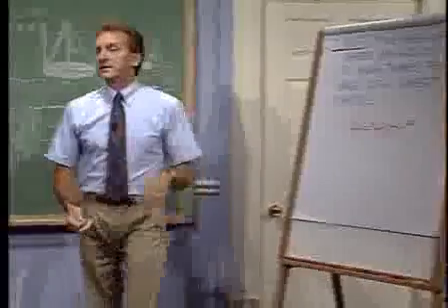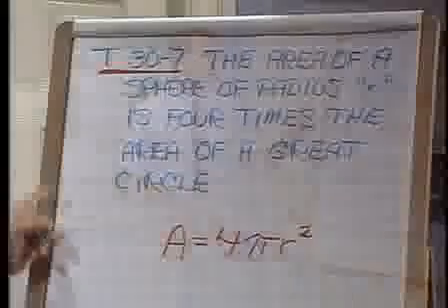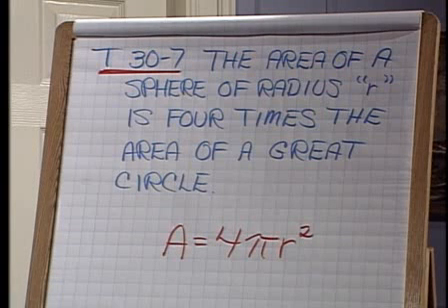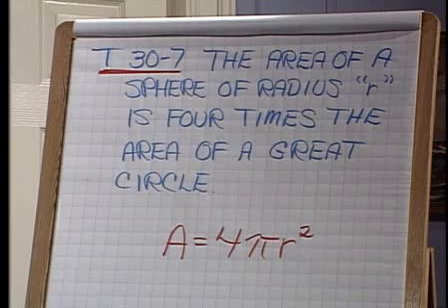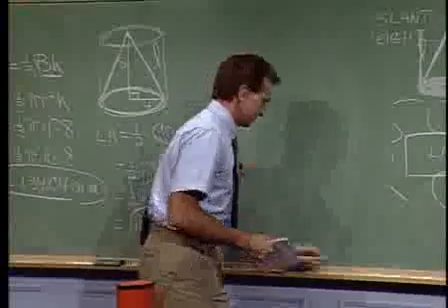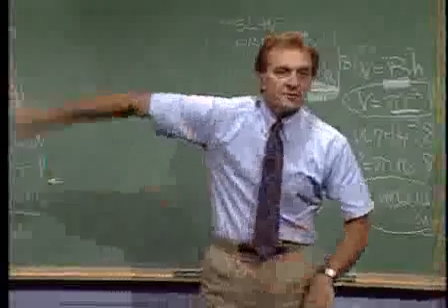Let's go and let's talk about a sphere here a minute. The area of a sphere of a radius r is 4 times the area of a great circle. But what's so great about a circle? Well, it's so perfect. It is always equidistant from a fixed point called the center, and it is perfectly shaped. Very difficult to make a circle. You know, the easiest way to do it is to just take your arm like this and get it swinging and make your circle around that way.